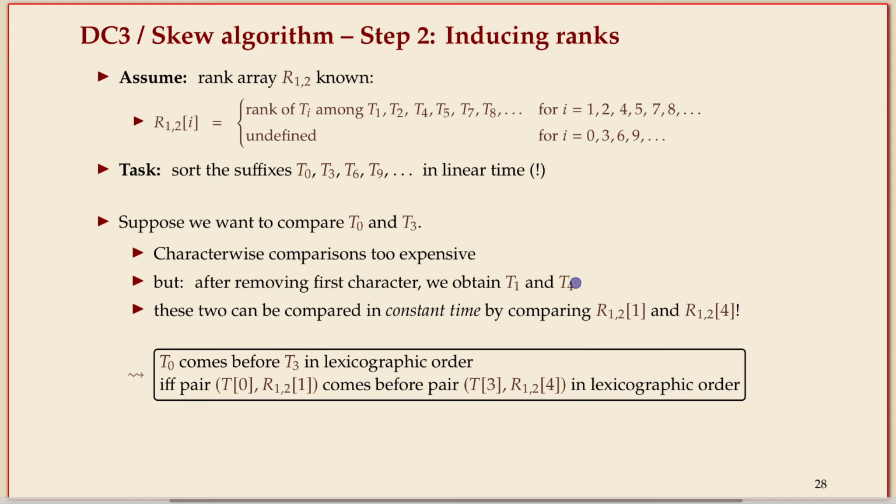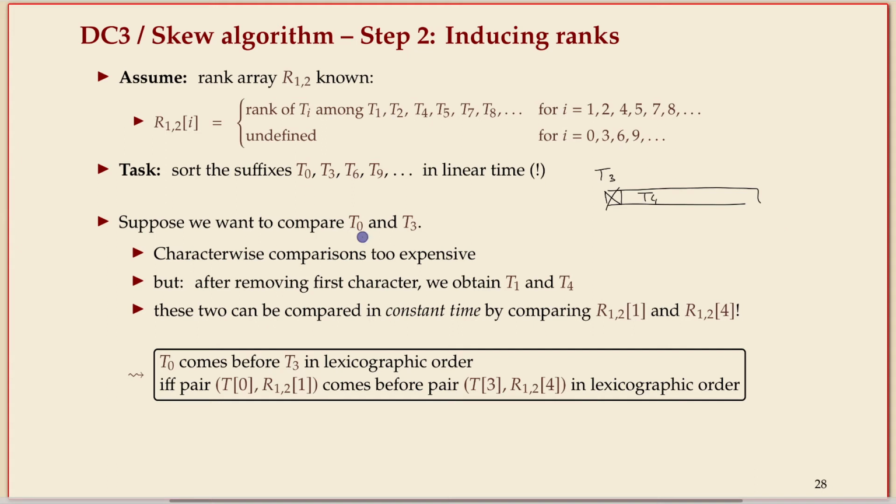But after we've removed one character from a suffix, if it previously started at, say, position 3, if you take off the first character, let's maybe do this. So if that is T3, if I remove that first character, what I'm left with is T4, the suffix that starts at position 4. And 4 is not a multiple of 3, so that's a suffix I have in the list that I've sorted already.